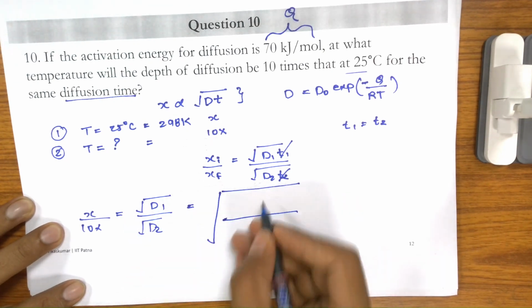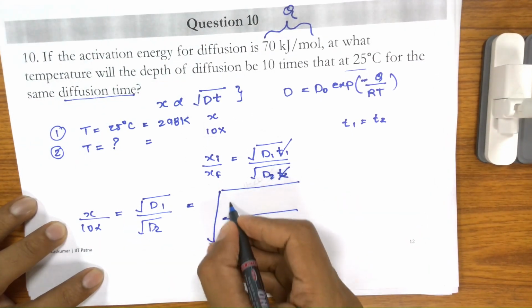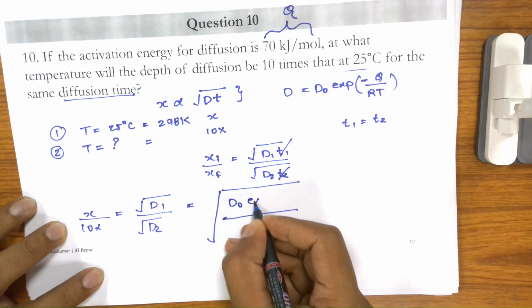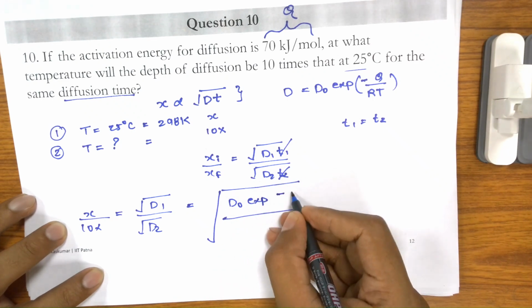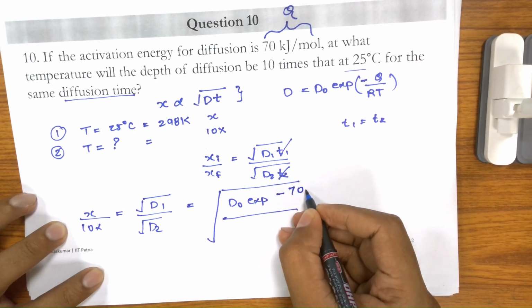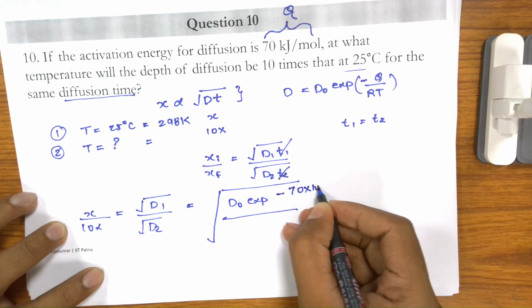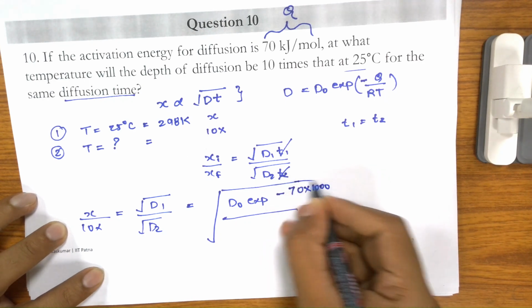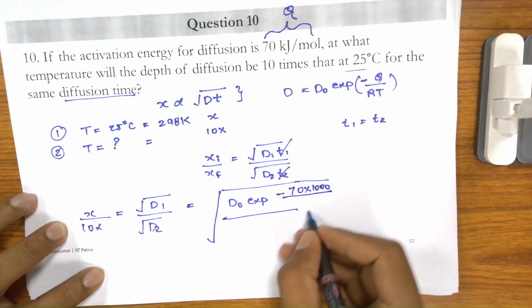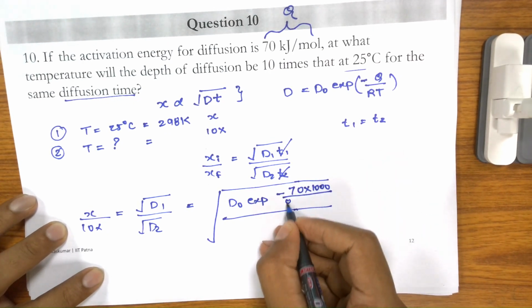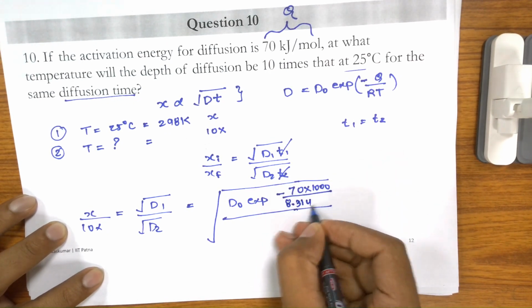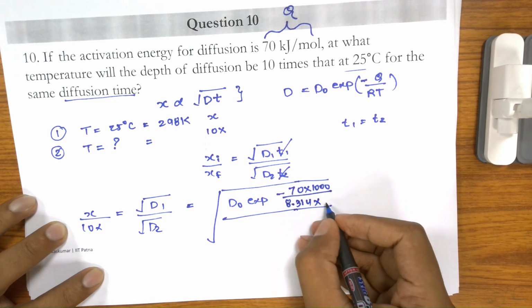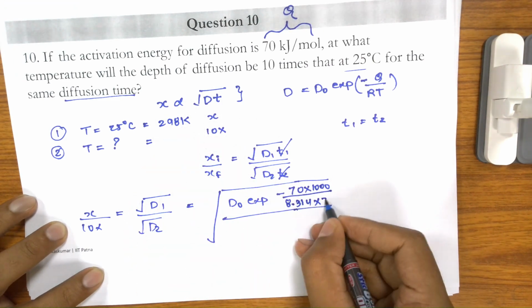The above I am going to write for D1. D1 is D naught exponential minus of Q, that is 70 multiplied by 1000, the whole divided by R, 8.314, multiplied by T, the temperature, that is 298.